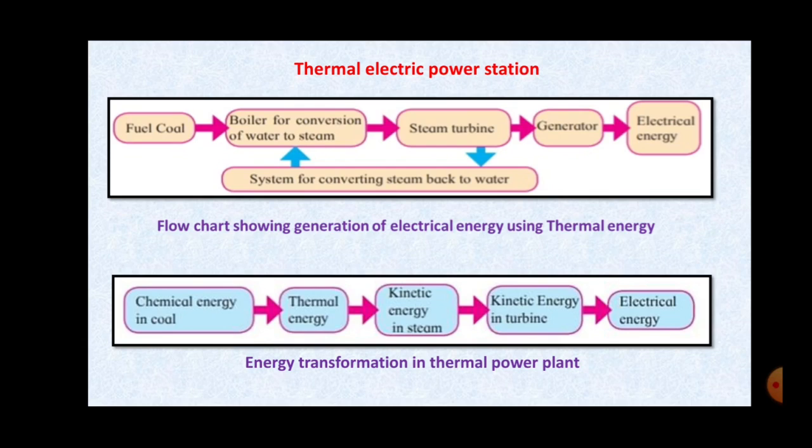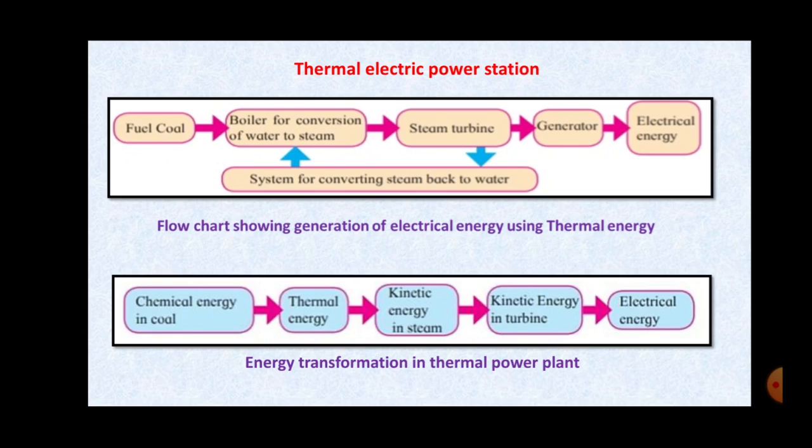So the steam energy is used to rotate the turbine, and then the generator which is connected to the turbine starts generating the electrical energy, and from the turbine the steam is allowed to condense, and again this water is sent back into the boiler. So this cycle goes on.